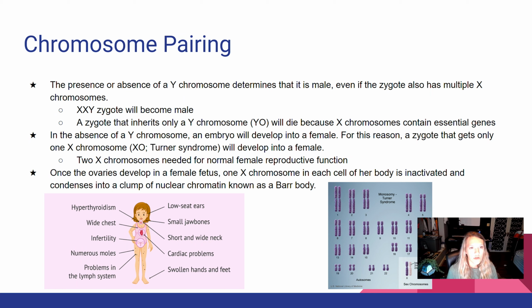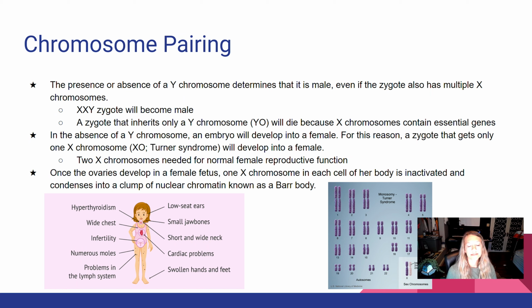Next, I wanted to talk about chromosome pairing and some of the issues that can come up in chromosome pairing. The presence or absence of a Y chromosome determines that it is male, even if the zygote also has multiple X chromosomes. So if there's two X's and a Y, that person will become a male.